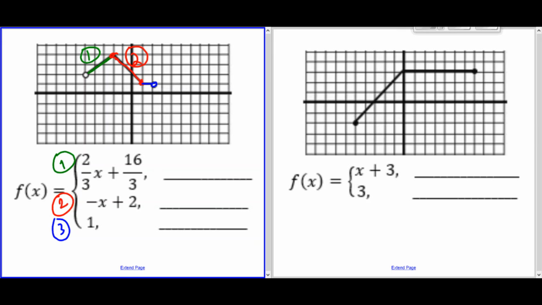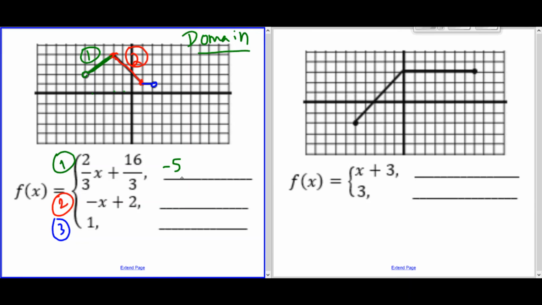So for this, let's go ahead and find the domain. I want you to find the domains of these. For the domain, remember, it's how far left and how far right. On just this green line, how far left does that green line go? It goes 1, 2, 3, 4. It goes to -5.